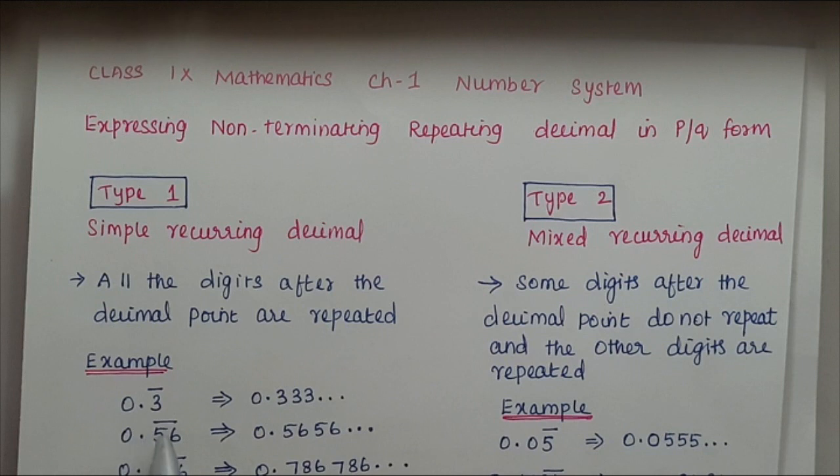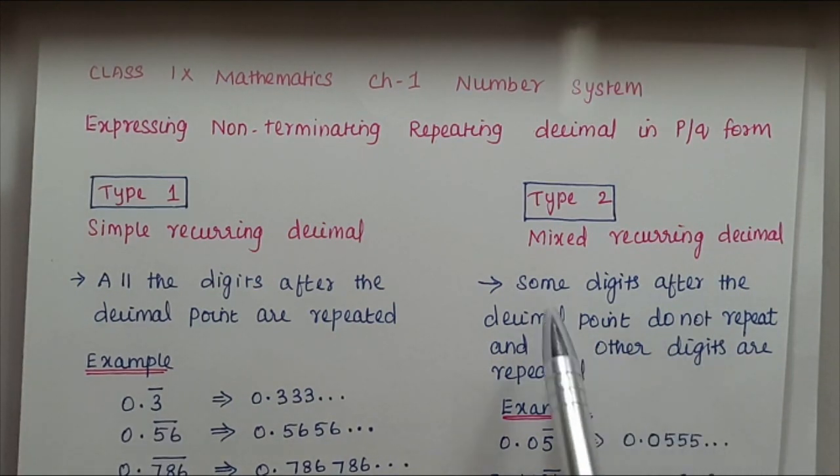Here 0.56 with bar over 56, that is 0.5656 and so on. 0.786 with bar over 786, that is 0.786, 786 and so on. So here all the digits after the decimal point are repeated and the bar is over all the digits after the decimal point. Hope it is clear.